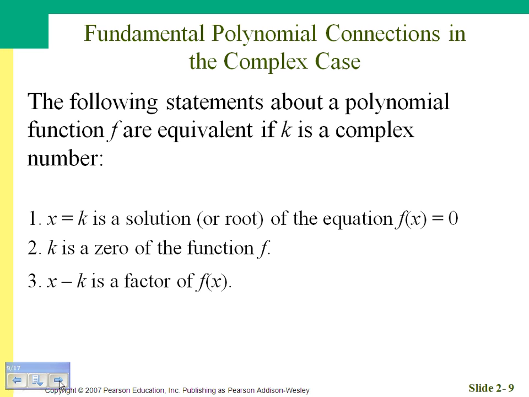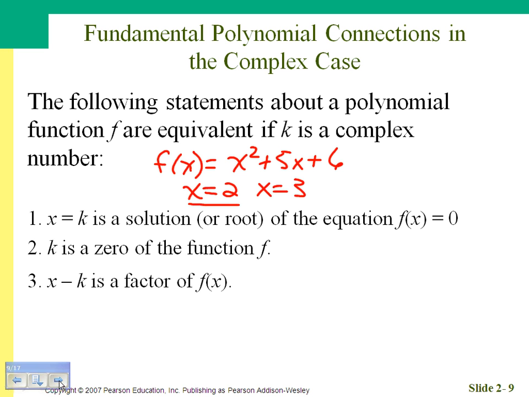So here's what we're saying. If you've got the polynomial function f of x equals x squared plus 5x plus 6, you plug it in, use the quadratic formula, and you find that the solutions are x equals 2 and x equals 3. We would say x equals 2 is a solution, x equals 3 is a solution.